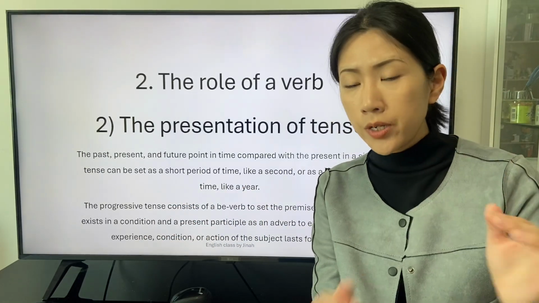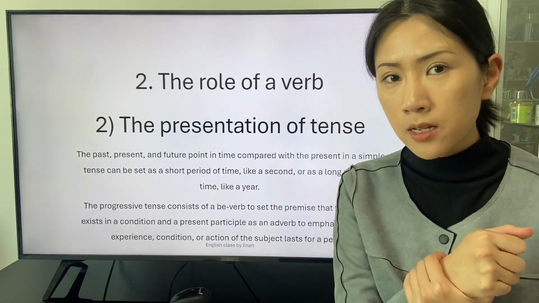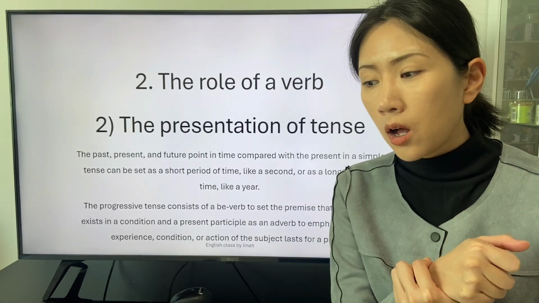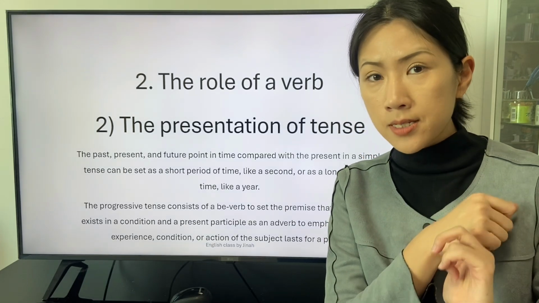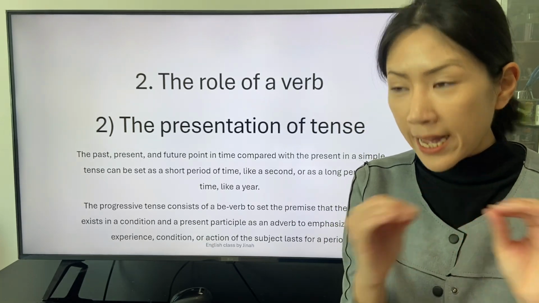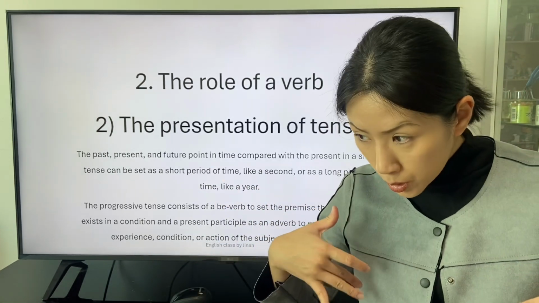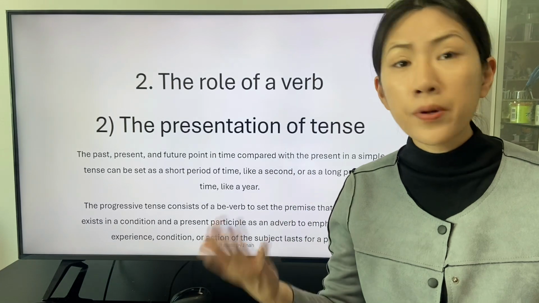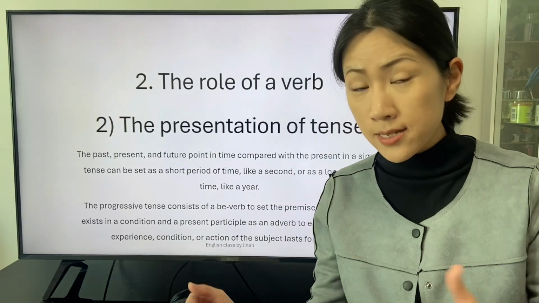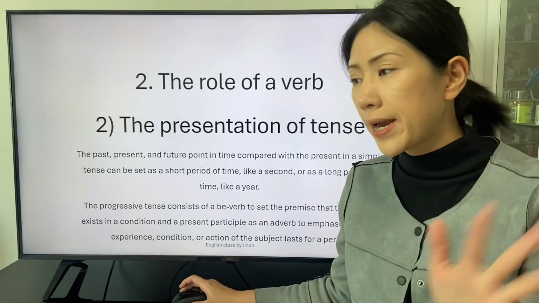The speaker who wants to emphasize that an experience, a condition, or an action lasts for a period of time on the premise that the subject exists applies the progressive tense.